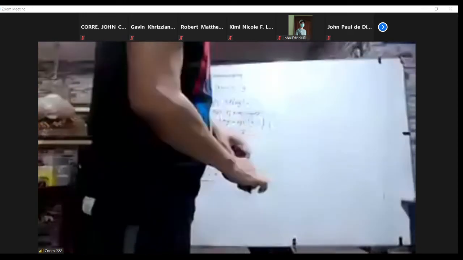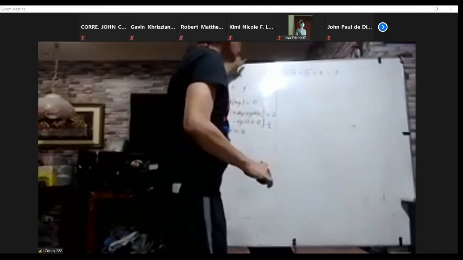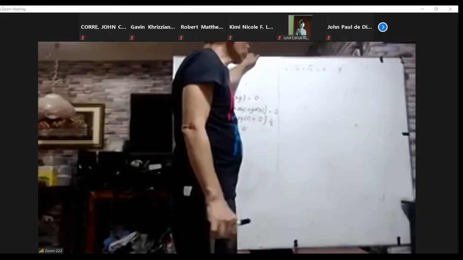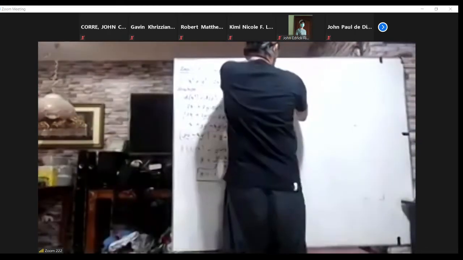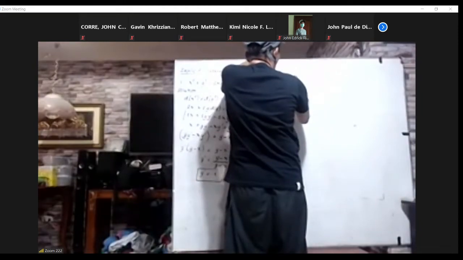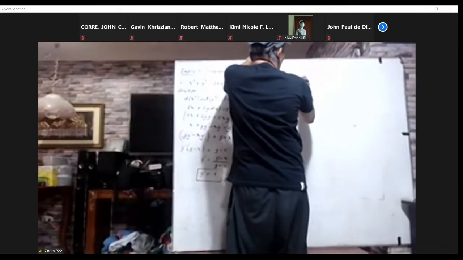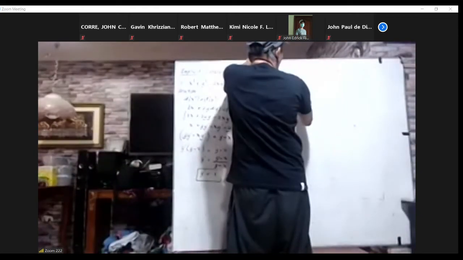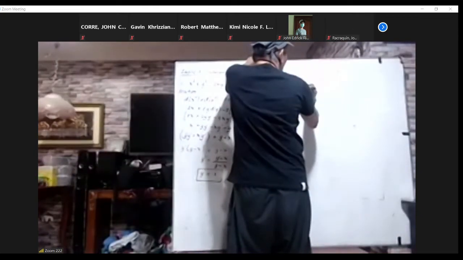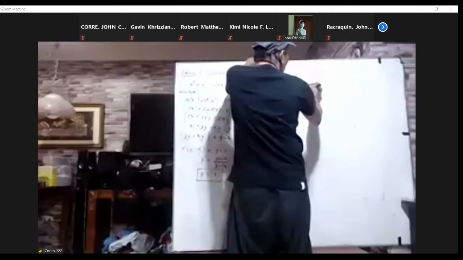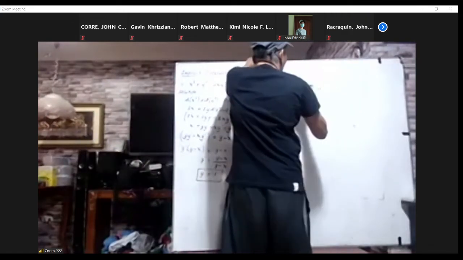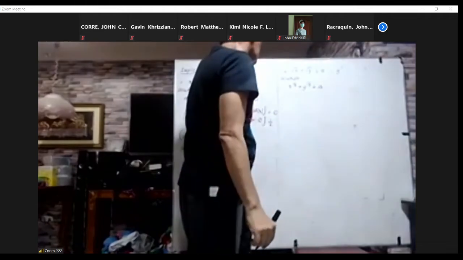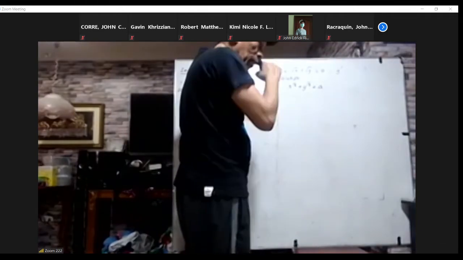Okay. So, at this point, guys, i-convert natin yung square root into exponential. So, magiging x raised to 1/2 plus y raised to 1/2 equals a. Yan. So, i-derivative na natin.